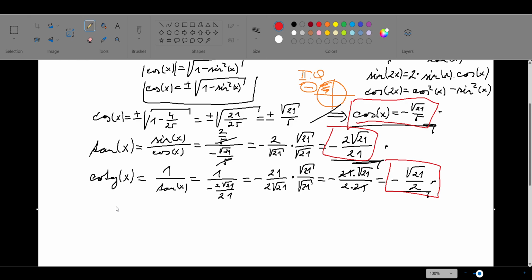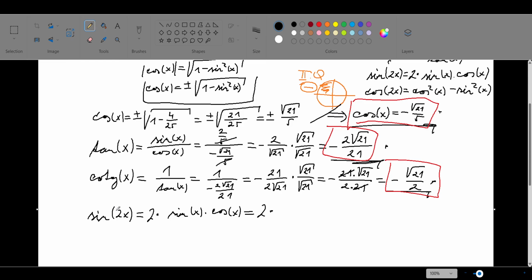Now the next task is to calculate the value of sine of 2x, and for this one you use the double angle formula, which says that it is equal to 2 times sine of x times cosine of x. For this formula it is critical to know these two values, which we already know.